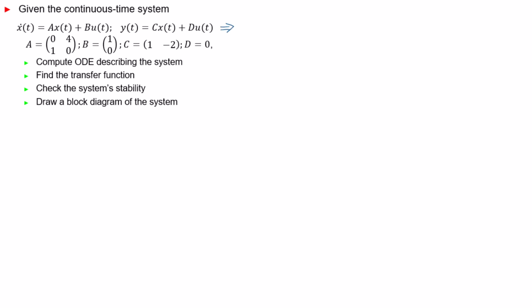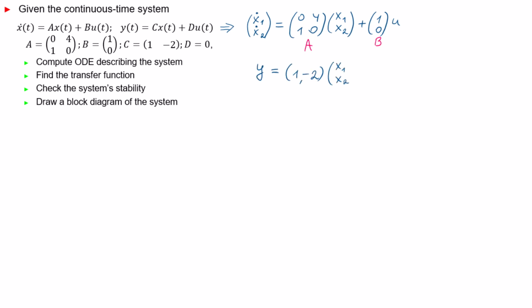First, we start with writing the state equations explicitly. The x1 dot and x2 dot equal to matrix A times x1 and x2 vector plus B times u. The second equation will be y equals C times x plus 0 times u. So, to write this explicitly, x1 dot is equal to the first row of A times the vector x, which is 0 times x1 plus 4 times x2, and plus the first element of B matrix times u.